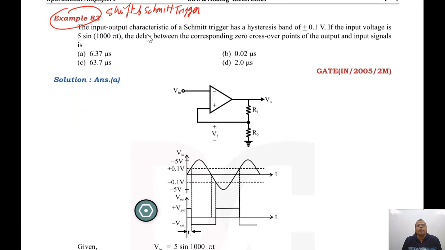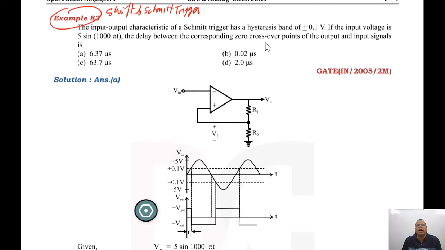The input output characteristic of a Schmitt trigger has a hysteresis band of 0.1 volt. So the hysteresis band of the characteristics is 0.1 volt. If the input voltage is 5 sine 1000 pi t, the delay between corresponding 0 crossover points of output and input signals will be?